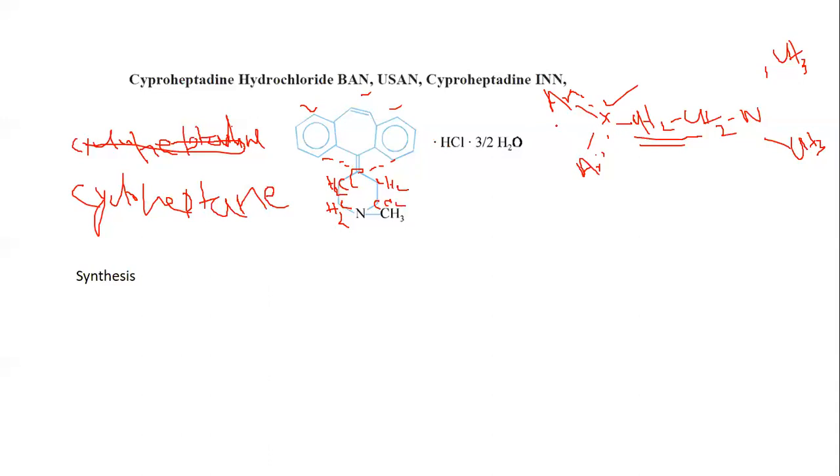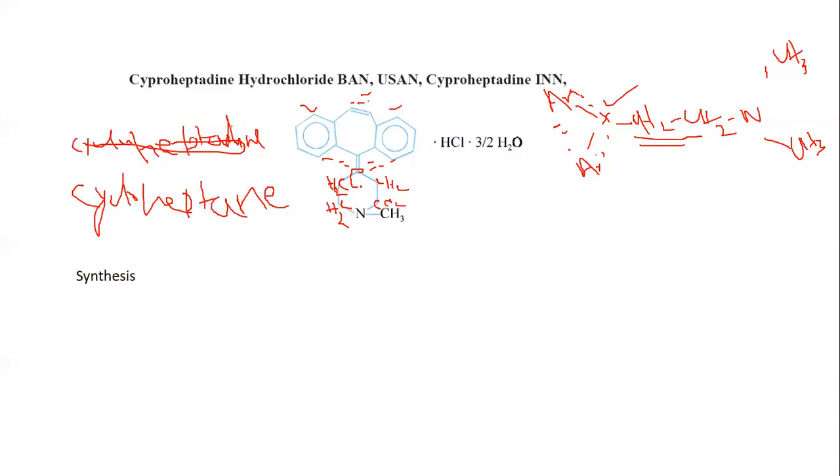And in this syntax, the two aromatic rings are disjoint with each other. There is no bridge connection between them. But here there is a bridge connection between them, this bridge and this bridge. So if you connect the two aromatic rings with two bridges, it gives you a cyclic compound, that is the cycloheptane.